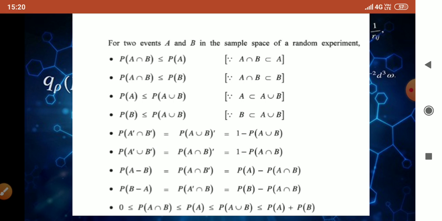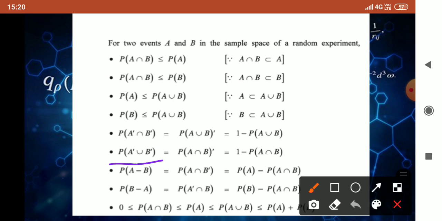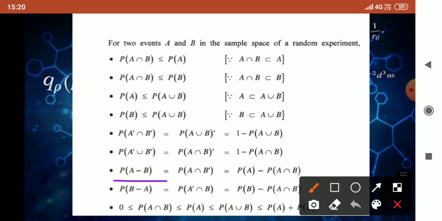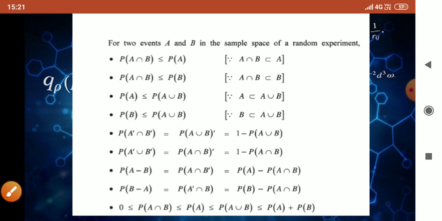We don't have the solution of these, so we just have to learn them. P of A dash union B dash will be P of A intersection B whole dash, which is equal to 1 minus P of A intersection B. P of A minus B equals P of A minus P of A intersection B, which is P of A intersection B dash.